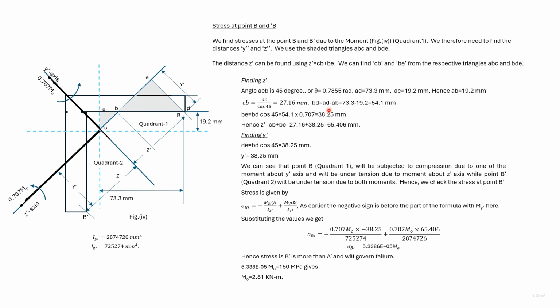We first find the stress at A dash. For A dash, we are required to find these two dimensions, y dash and z dash. We know AC, and since this is a triangle with 45-degree angles, AP is equal to AC.